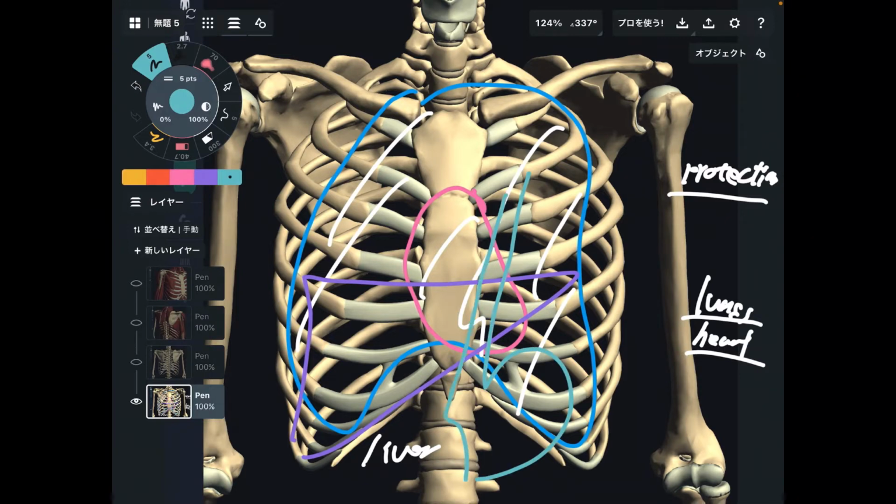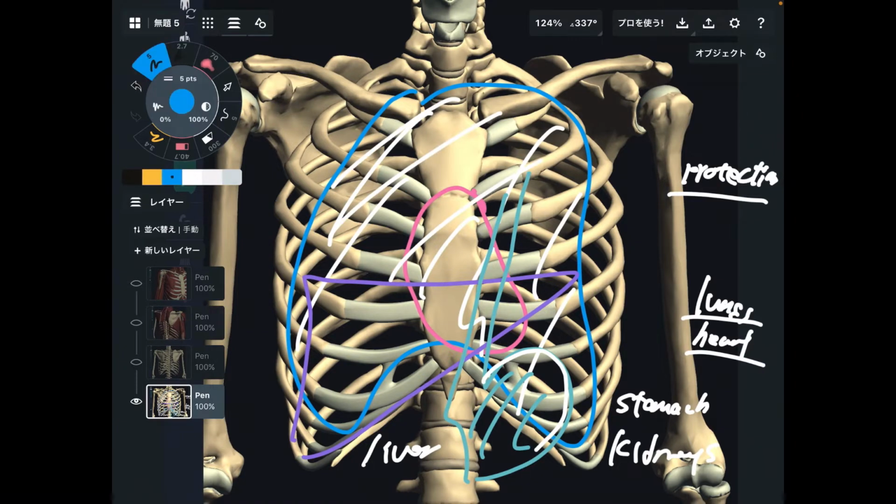There is the stomach, right? Part of the stomach is covered by the ribcage. And part of the kidneys are also protected by the ribcage. See, the thorax not only protects the heart and lungs, it also protects abdominal organs. That is a very important function, right?